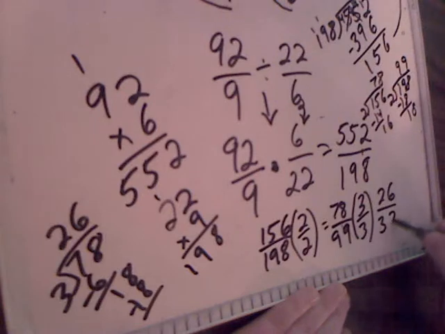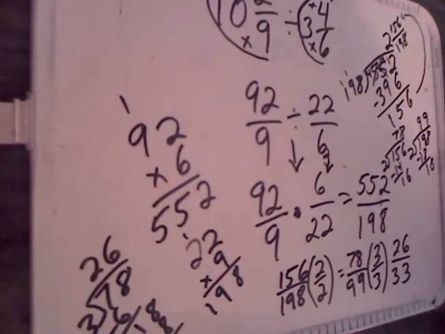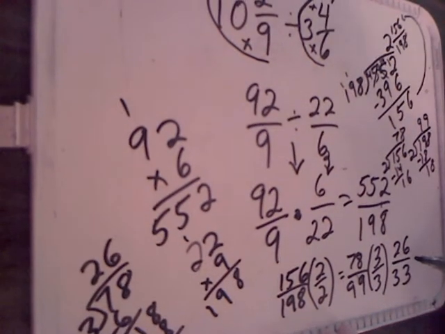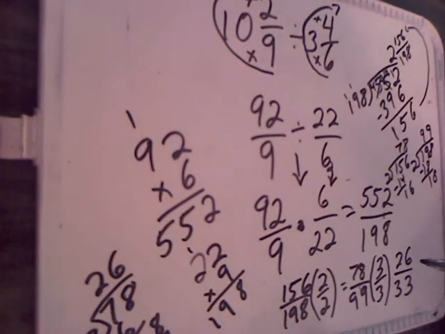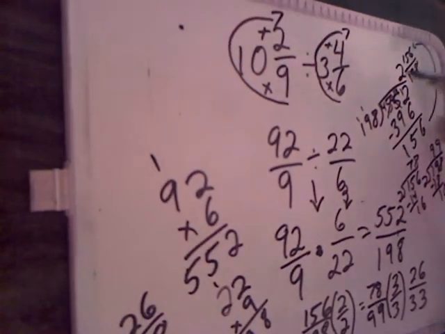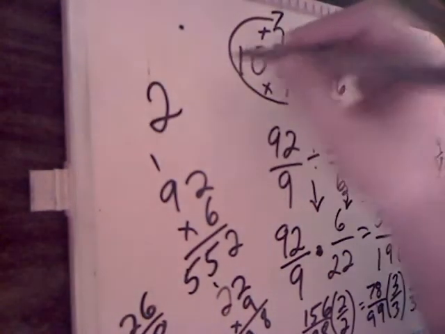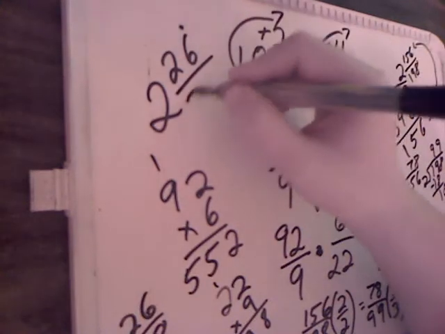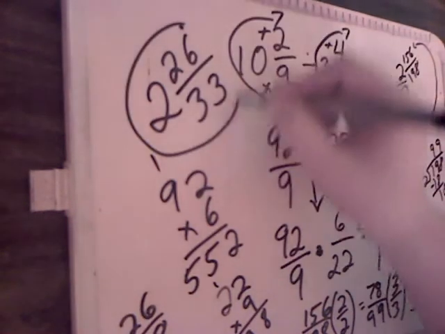That turns out to be 33. So our final answer, not 26 over 33, but going way back up here to remembering the whole number, the 2, our final answer is 2 and 26 over 33.